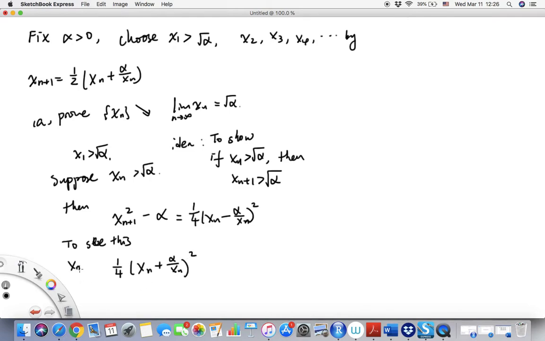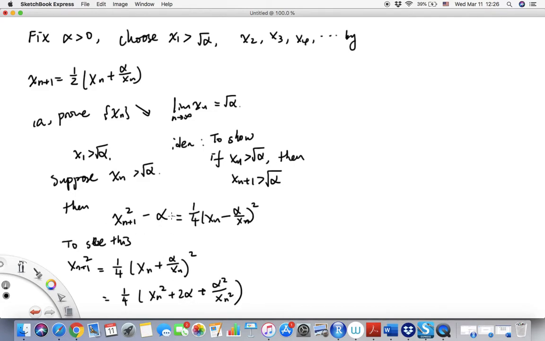So this is xn plus 1 squared. So we expand the parentheses, that's 1 over 4 xn squared plus 2 alpha plus alpha squared over xn squared, right?